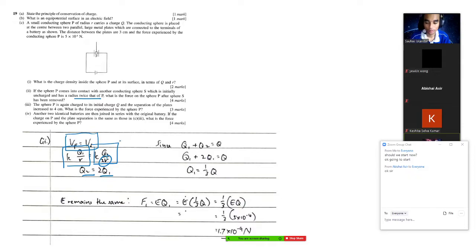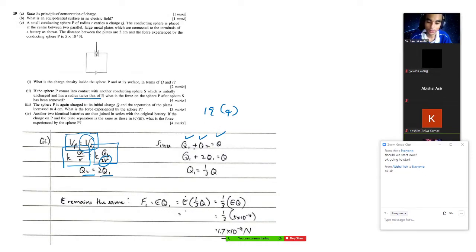So actually, it says that on the right side, on the S sphere, we have double the Q from Q1. Since Q1 plus Q2 equals to Q, this is applying what we have learned in 19A, the principle of conservation of charge.